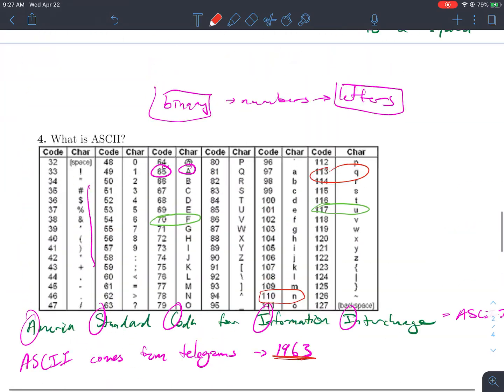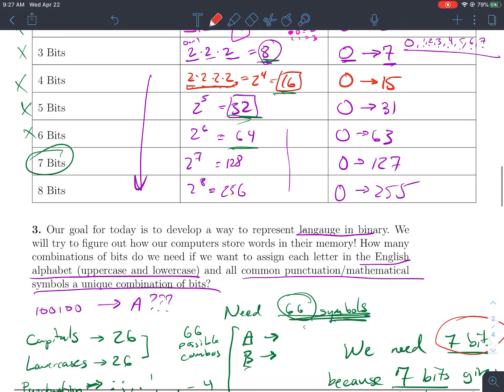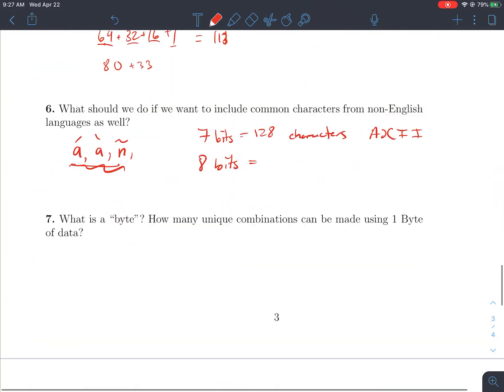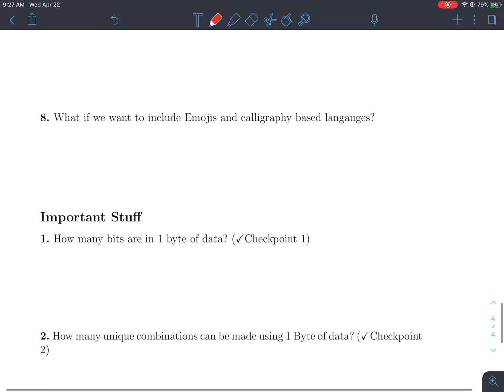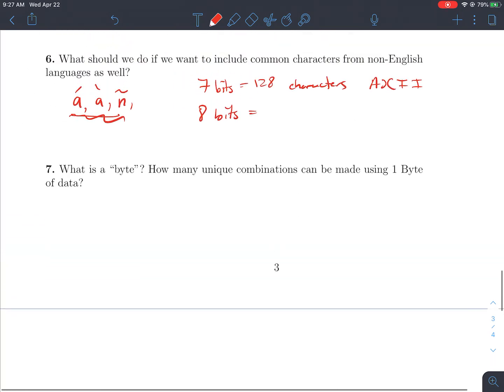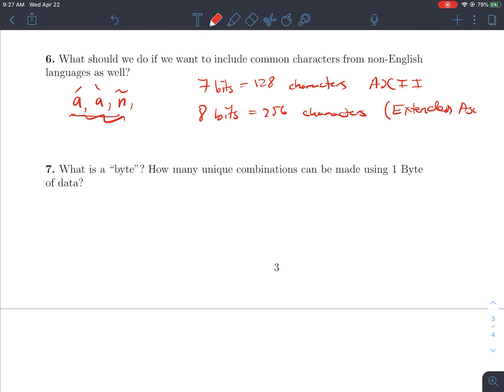So with 8 bits, that'd be 256 combinations. So we can represent 256 characters, letters, and symbols using extended ASCII. It's called extended ASCII because it uses 1 extra bit.